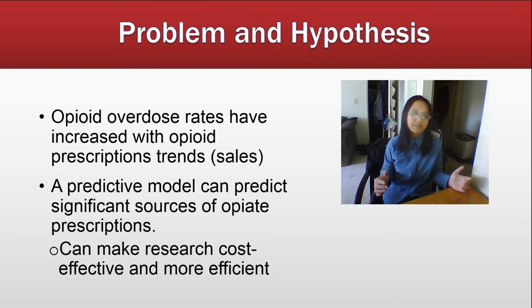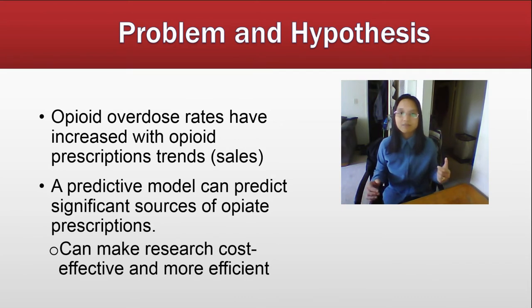Because that information is free, it's meant to be a cost and time-saving tool that would help identify providers who are likely to contribute to the opioid problem. For this analysis, we are identifying providers who are likely to prescribe more than 10 opiate prescriptions in the previous year.